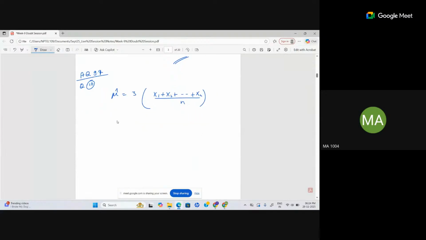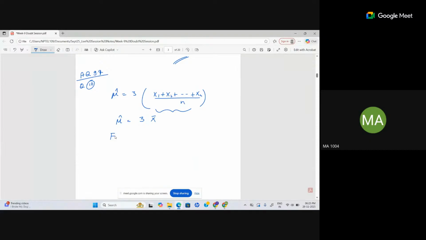So what is this? x bar. Ma'am, the mu hat is the estimator, right? Yes, this is the estimator. So this term is what? This is the mean, x bar. Yeah, 3x bar. This will be 3x bar.